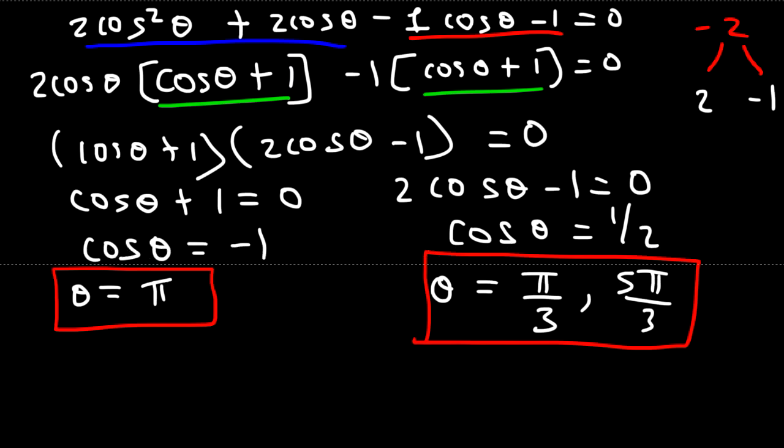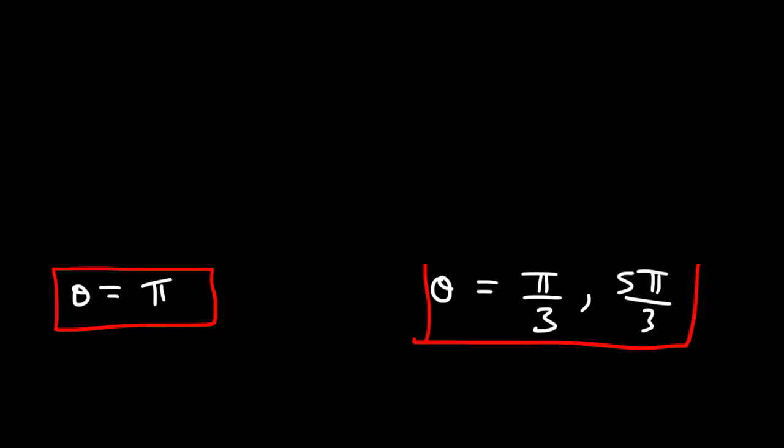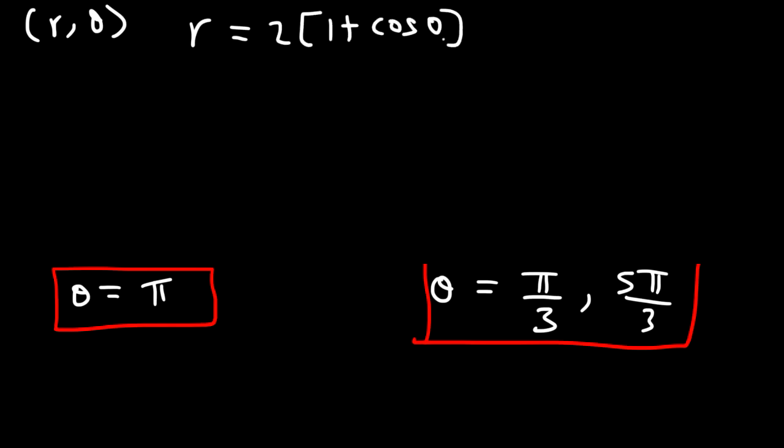Now the next thing we need to do, in order to find a point in polar form, so that is in r comma theta form, we need to calculate r. We have the values for theta. And so recall that r, in the beginning we said it was 2 times 1 plus cosine theta. So if we plug in pi, cosine pi is negative 1.